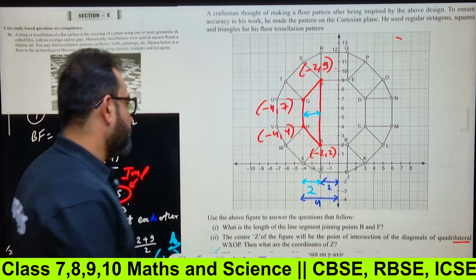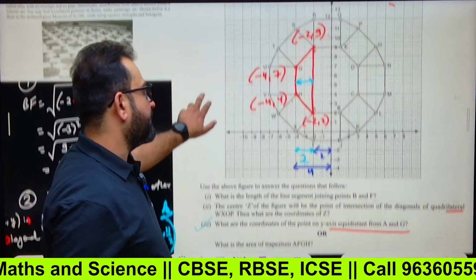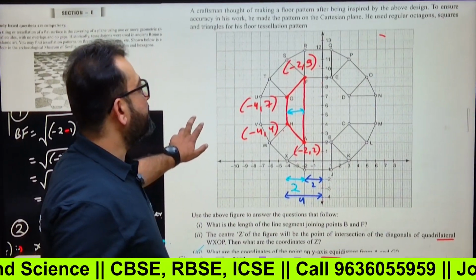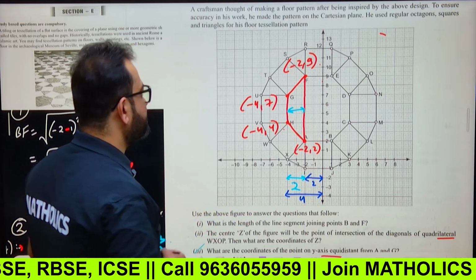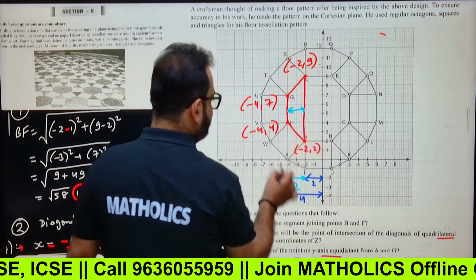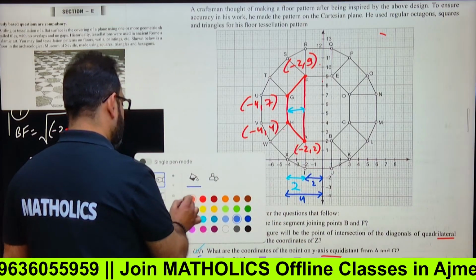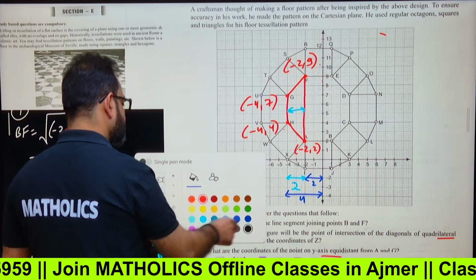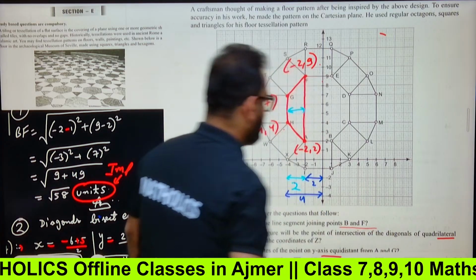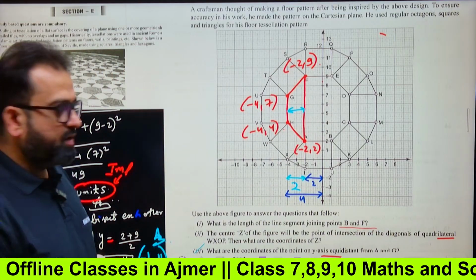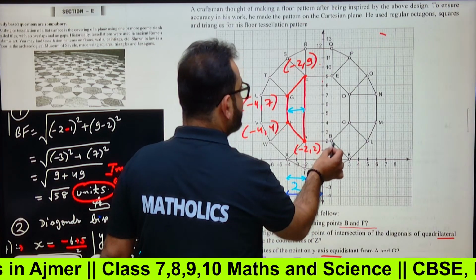Now, the question says, what is the length of the line segment joining B and F? What is point B? A, B, C, D. This is B. So these are points B and F. When you connect B with F, where is F?